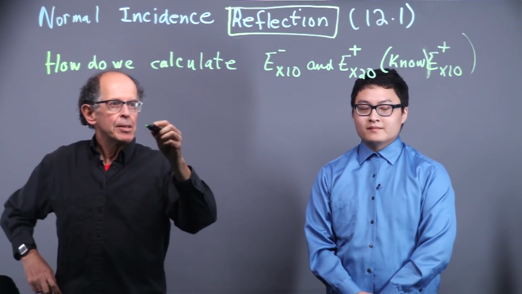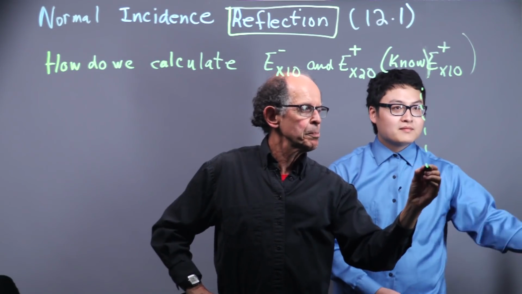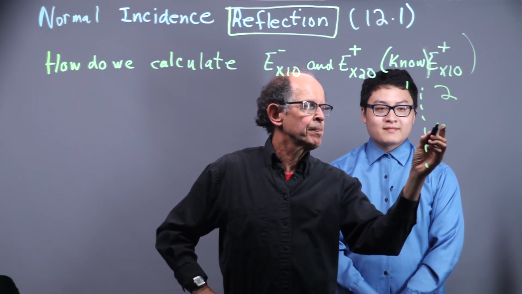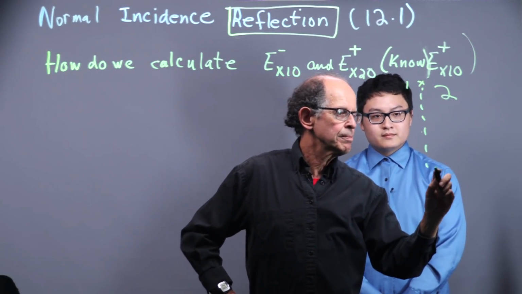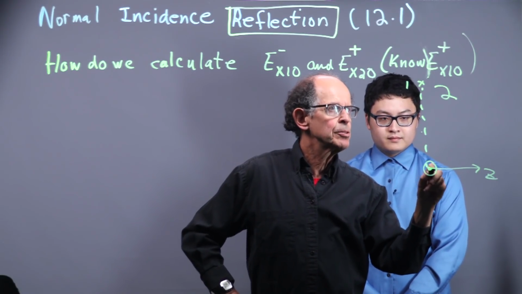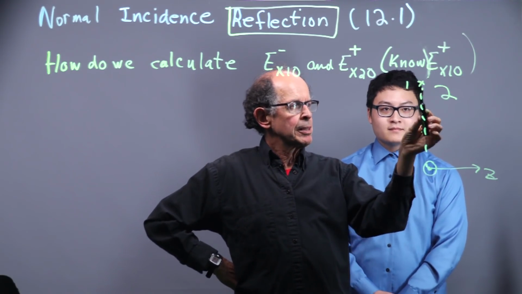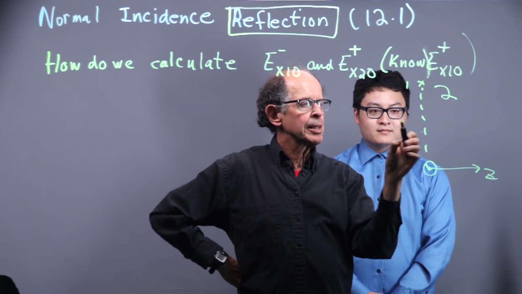So if we think of the boundary, I'll draw it over here. Here's a boundary between 1 and 2. The electric field is in the x direction. There's Z, and of course H is coming out of the page. On this side, we have the incident and reflected electric fields.